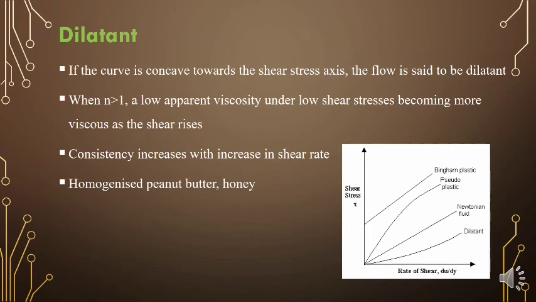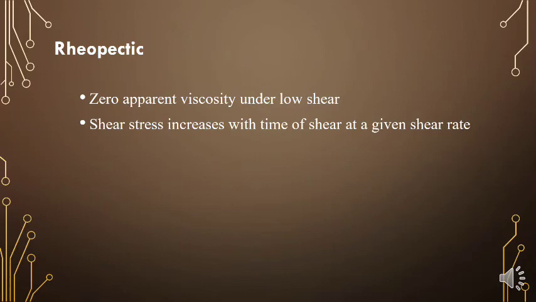So this type of fluid is called dilatant. In this case also there is a more extreme condition. In that extreme condition, there will be zero apparent viscosity under low shear. Such materials are called rheopectic. In that case, shear stress increases with time of shear at a given shear rate.